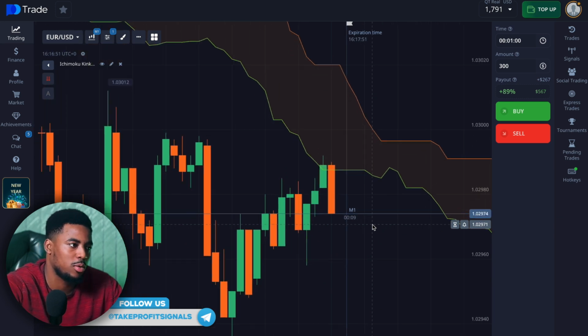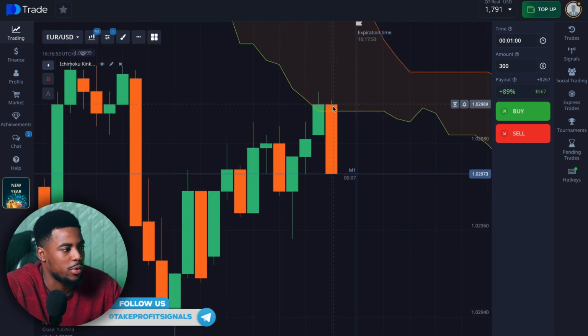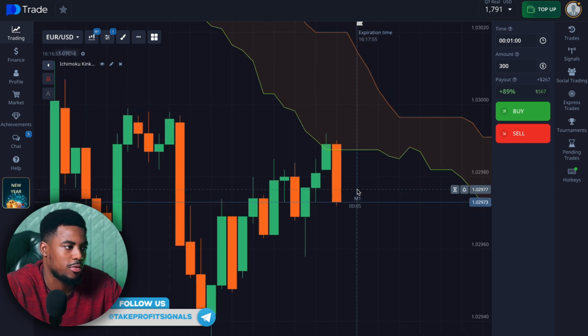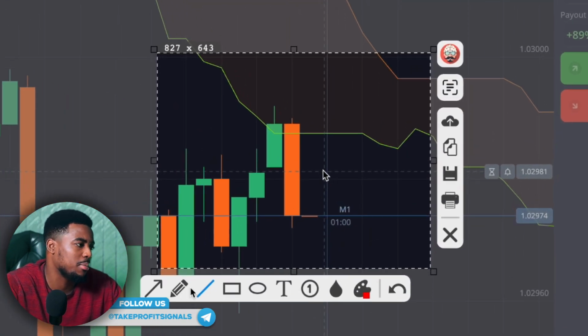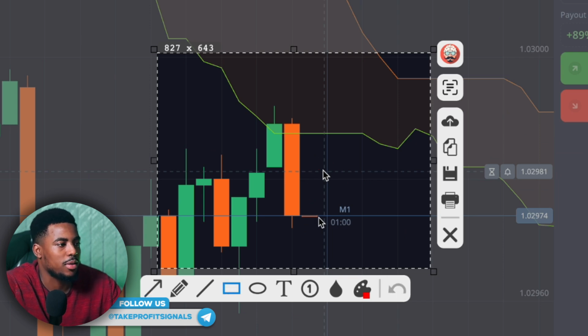Now I am carefully watching the formation of this red Japanese candlestick. Of course, it is already very large. So if any return of this border will have at least a small, it means that we need to draw a small green candle, and I will then enter the trade to the downside.